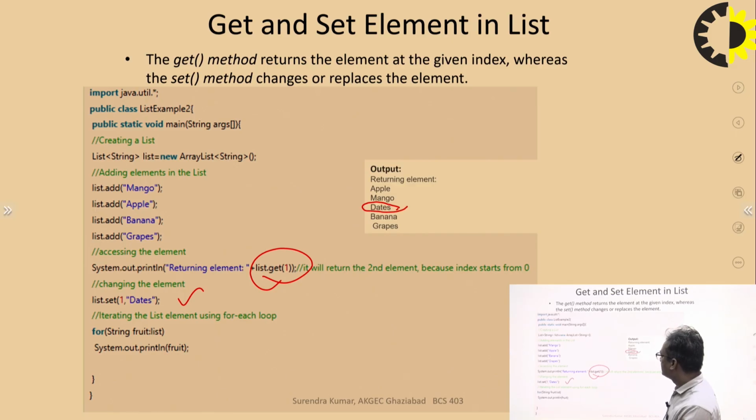So this is index 0, this is index 1. So at 1 you get apple, then after that you set dates there. The second element will be returned because the index starts from 0, and the element is changed. After that you get the returned element.